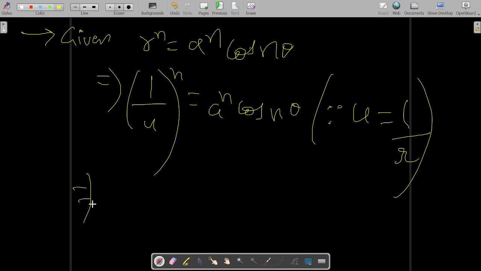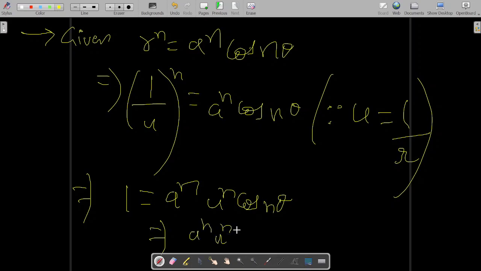So this is a to the power n u to the power n cos n theta, which is equal to 1. Let this be equation A.